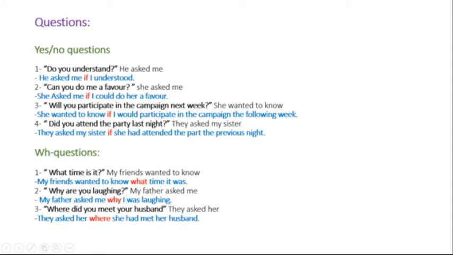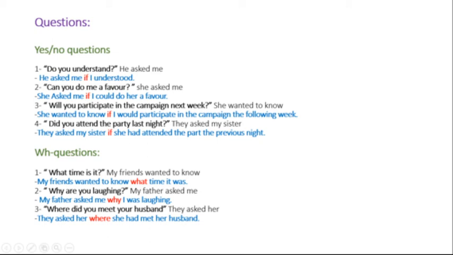So they asked my sister if she had, again the subject first and then the verb did attend, the past simple. We remove did because it's just an auxiliary for the interrogative form. The past simple becomes past perfect simple. So if she had attended the party the previous night.